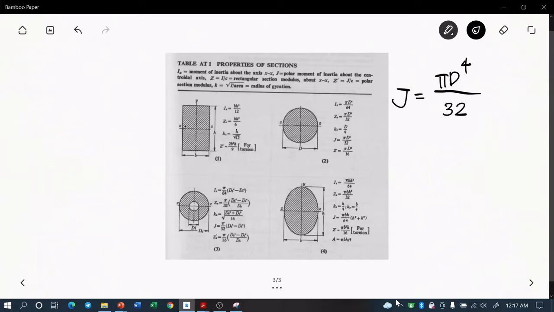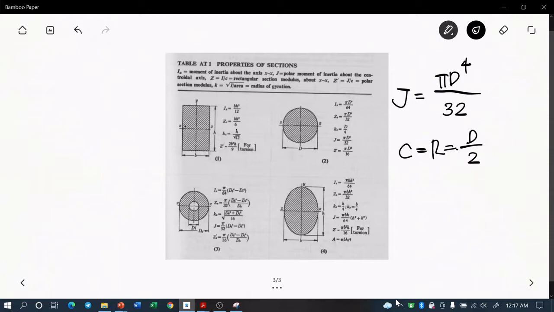And C, which is the distance from the neutral axis to the point where the shearing stress is desired, is, as I've said earlier, equal to the radius, or half of the diameter.